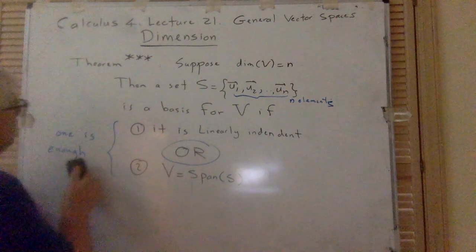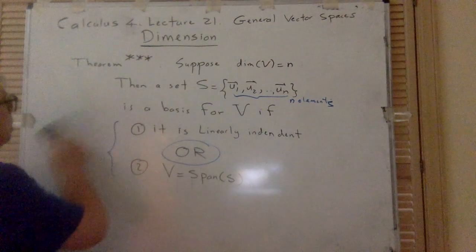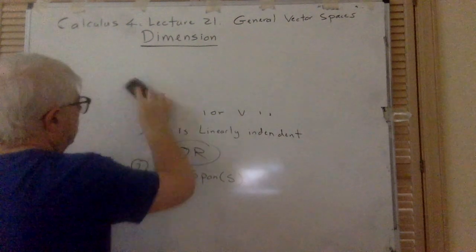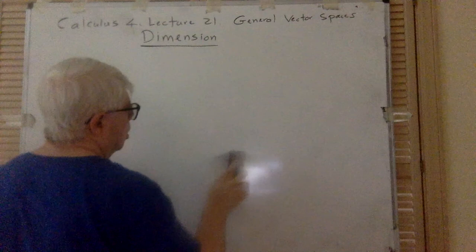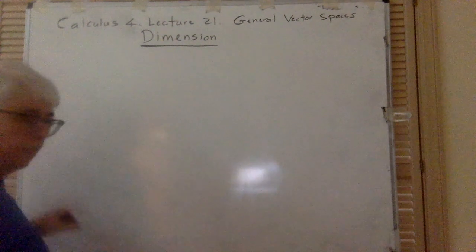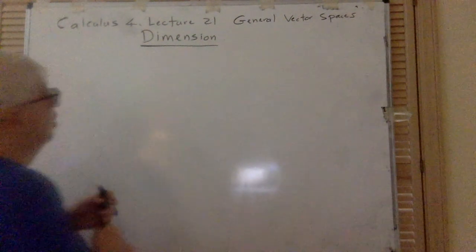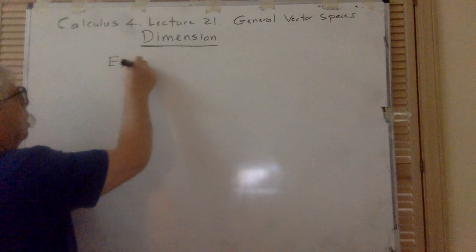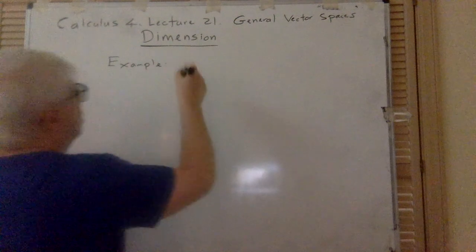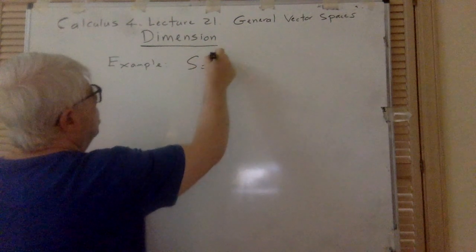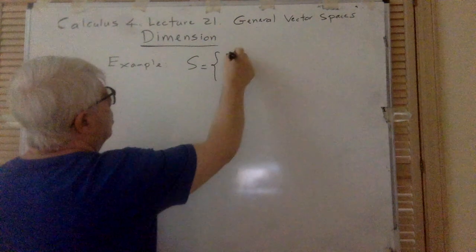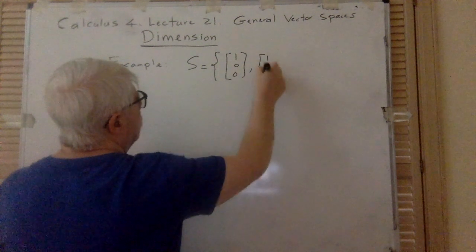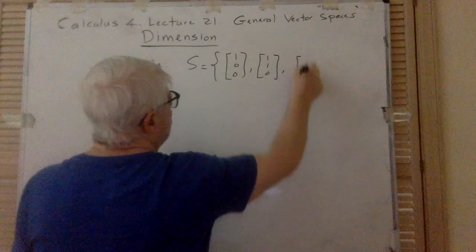Okay, so let me give you an example of this. Example. Let's take S to be this subset of (1, 0, 0), (1, 1, 0), and (1, 1, 1).